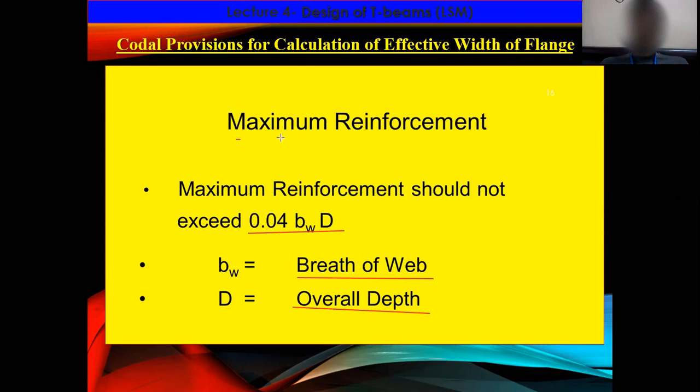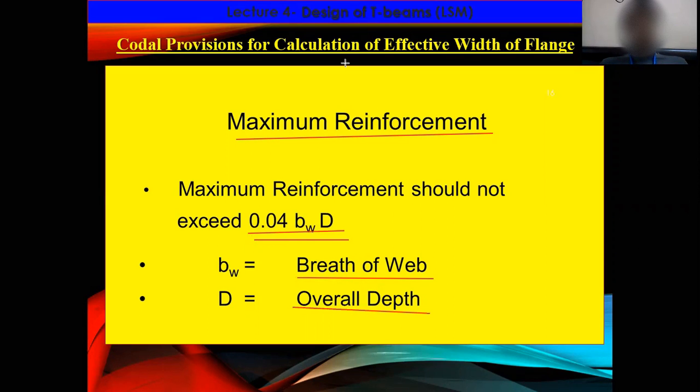So calculate the maximum bending moment as per IS 456:2000, and if the required tension reinforcement is greater than the maximum reinforcement, then you have to redesign your section, because you cannot provide more than the maximum reinforcement in the tension zone.